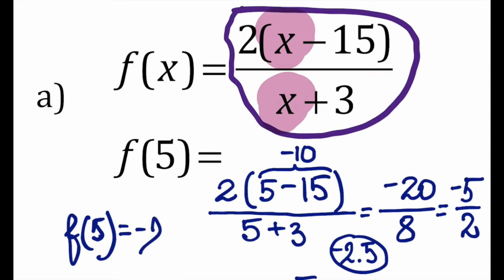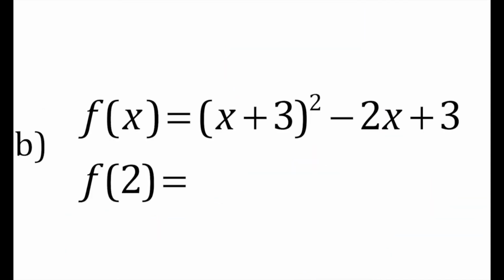So ultimately your answer is f at 5 is negative 2.5. Our next function in the quiz is a quadratic function, and I'm saying it's quadratic because I have the second power. And even though you don't know how to graph these yet, I'm not asking you to graph them. All I'm asking you to do is evaluate this function. So again, you're going to do the same thing.